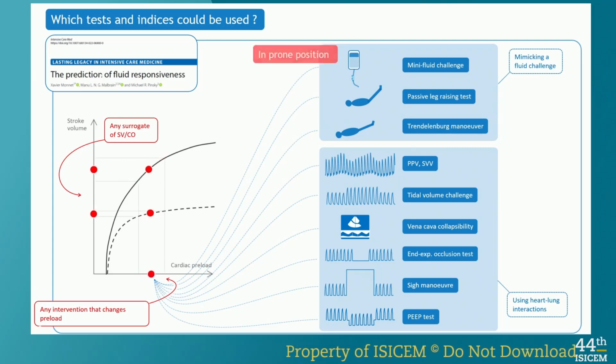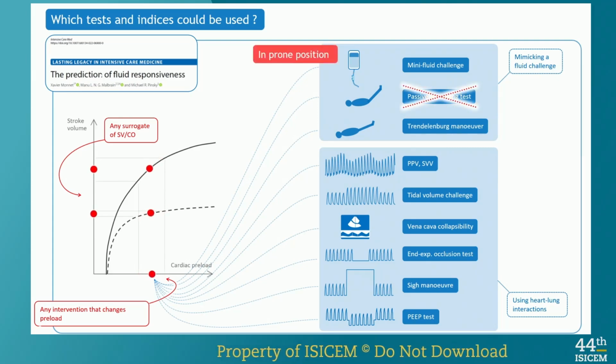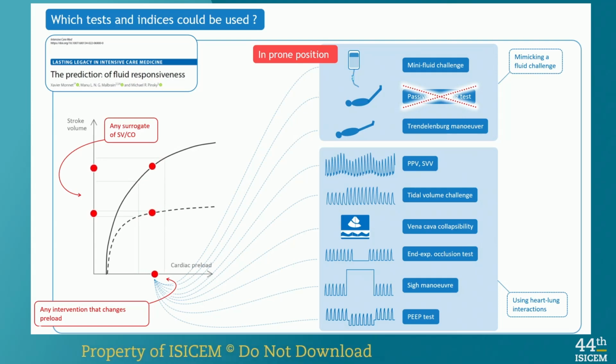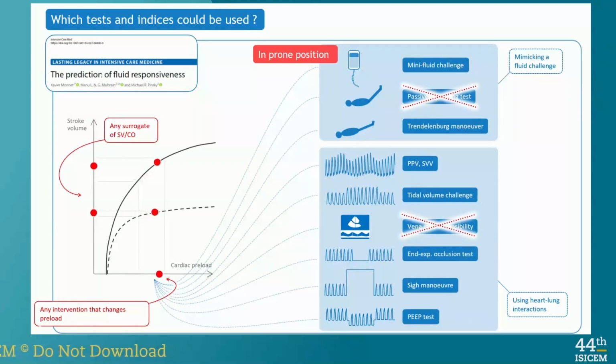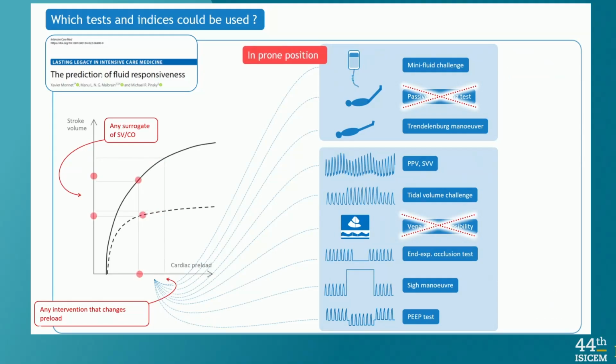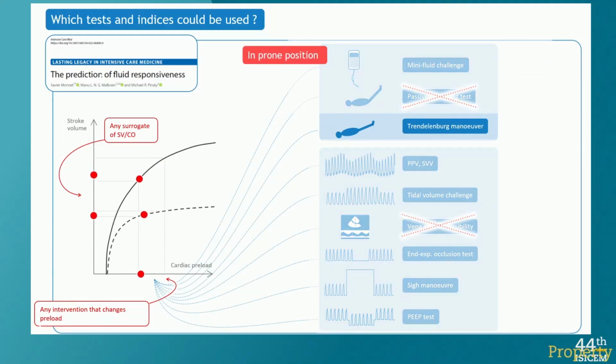The main problem during prone positioning is that we cannot use passive leg raising, which is the reference, for obvious postural reasons. And by the way, we also cannot use the inferior vena cava variations, of course. Another way that may be very interesting to mimic a fluid challenge may be this Trendelenburg maneuver.